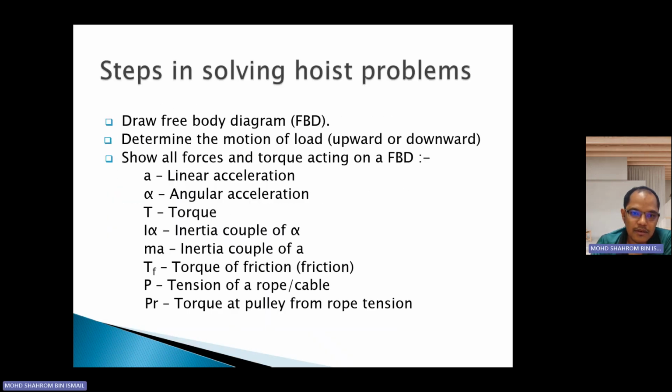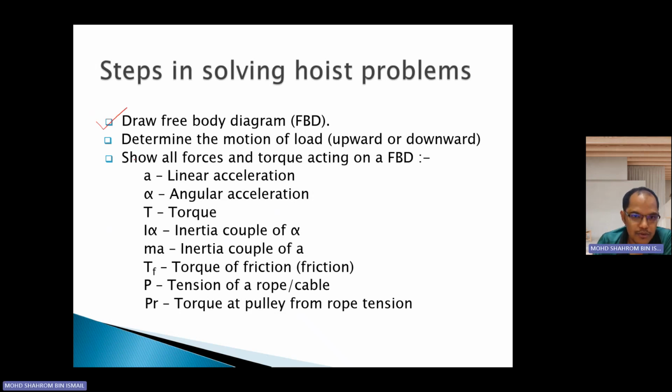So this is like some kind of, I just recap some steps on how to solve this kind of problem. I think it's good for us to have a good standard operating procedures in order to solve this kind of hoist problem. So step in solving the hoist problem, they got couple of steps, which is the first one, we need to draw the free body diagram.